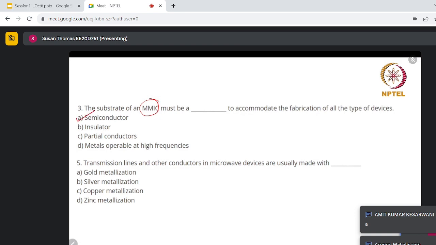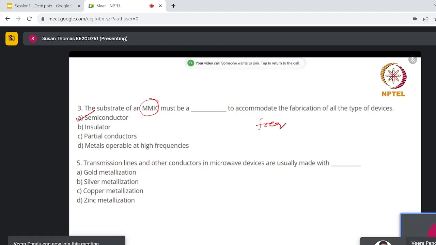Yes, they are basically semiconductors. The substrate should be a semiconductor to accommodate the fabrication of all types of devices. When I say all types of devices, it could be an active device, it could be anything. And the other thing is, which semiconductor to use? That will depend on the frequency range.